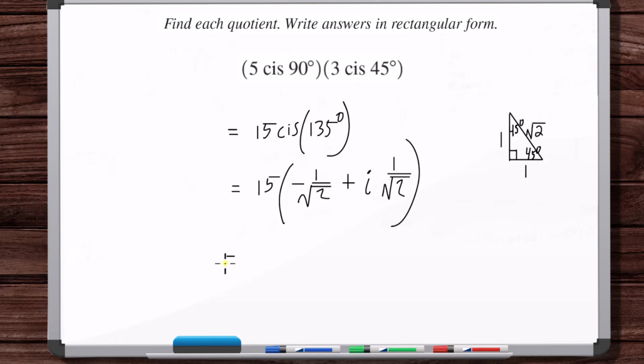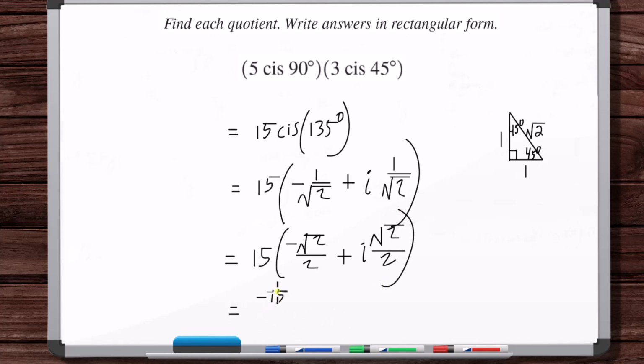Now we can rationalize this, and so we've got minus root 2 over 2 plus, and there we go.